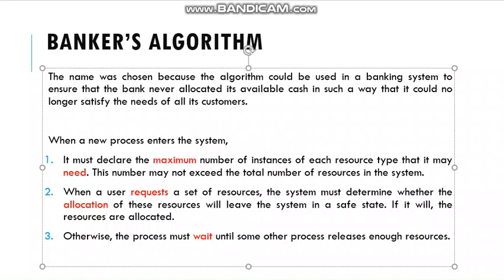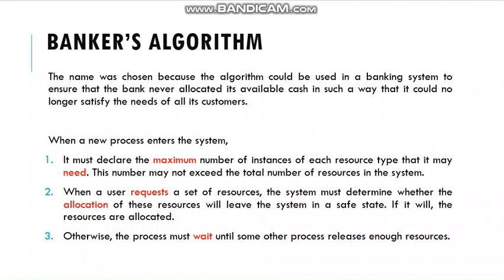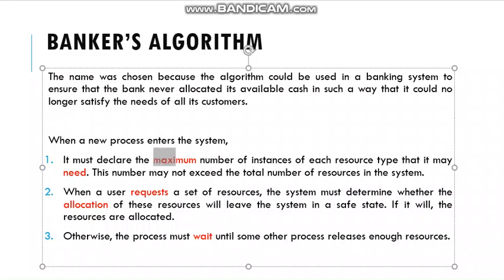A process needs different resource types, like a printer, a keyboard, or a typewriter. So it should ask for the number of instances of resources of different types that it needs, and the maximum it needs.